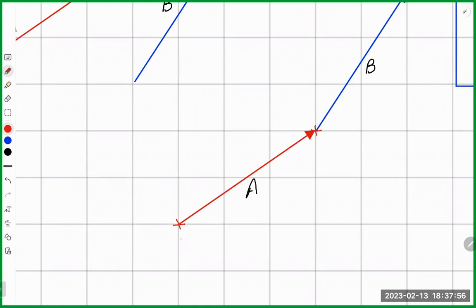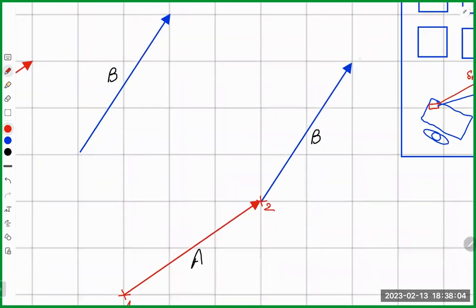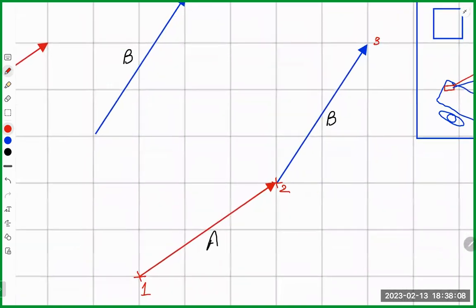Let's say this is point one, this is point two. So A shifted the object from one to two, and B shifted it from two to three. So overall, the object has gone from one to three. The resultant of the vectors will be a single vector that can shift it from one to three. So it should start from the tail of A and end at the head of B.